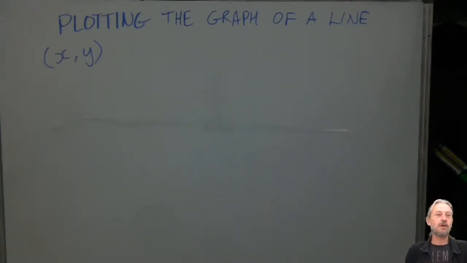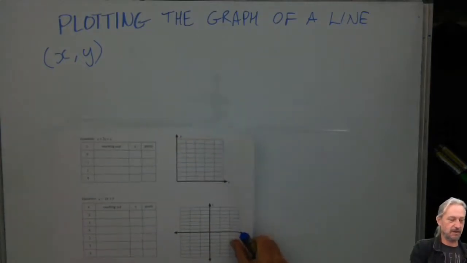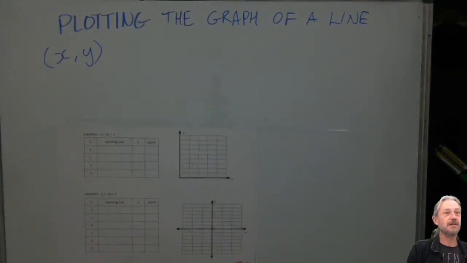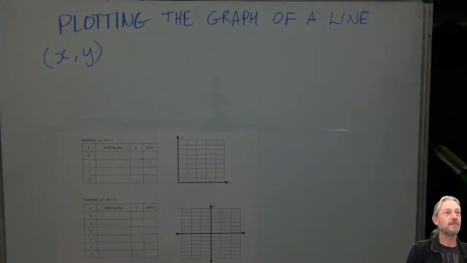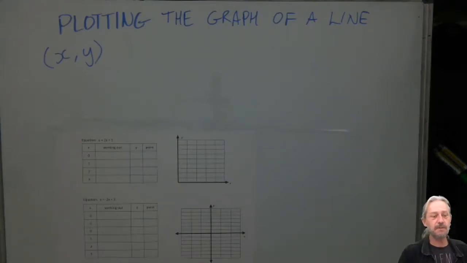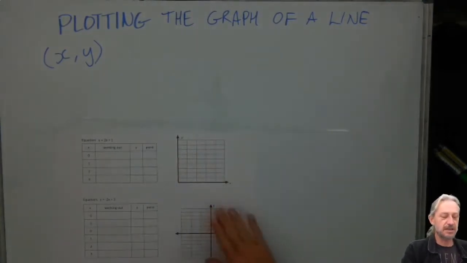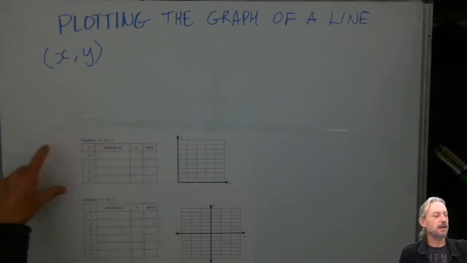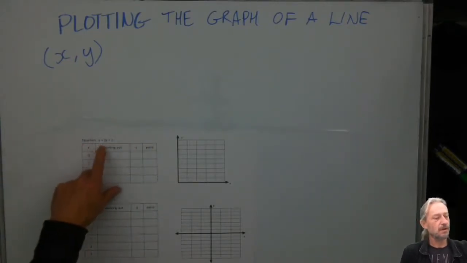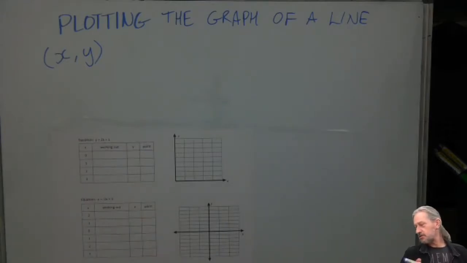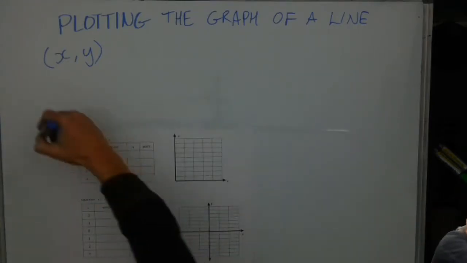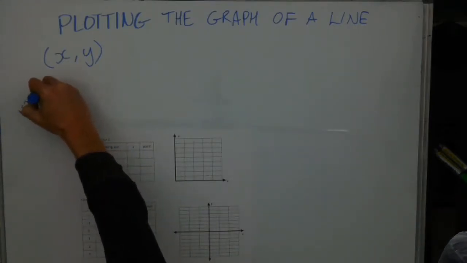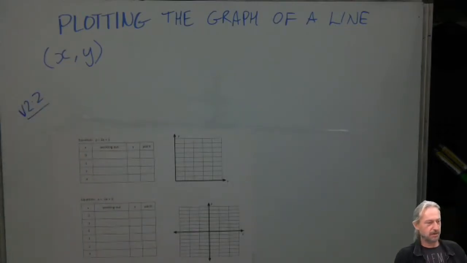So what I've done is I've photocopied the example in the book, so hopefully this will save a bit of time. Essentially with these graphs, we've got a table and an equation. So this is the 2.2, so you know where we're looking.